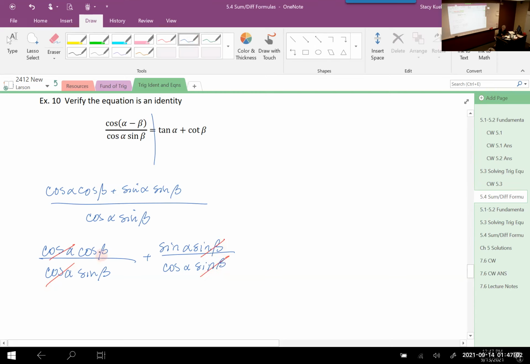It leaves me cosine beta over sine beta. What's cosine over sine? Cotangent of beta. What's sine alpha over cosine alpha? Tangent alpha, which is what I wanted. Tan alpha plus cotangent beta.